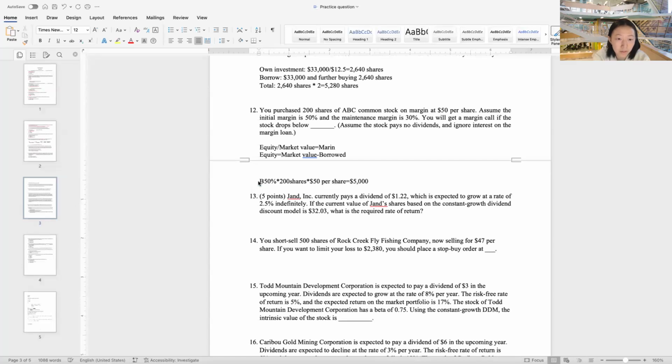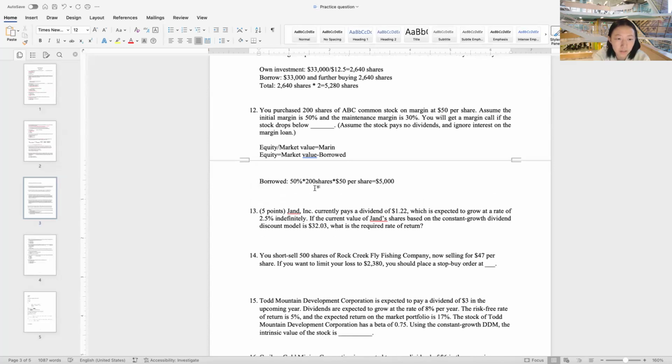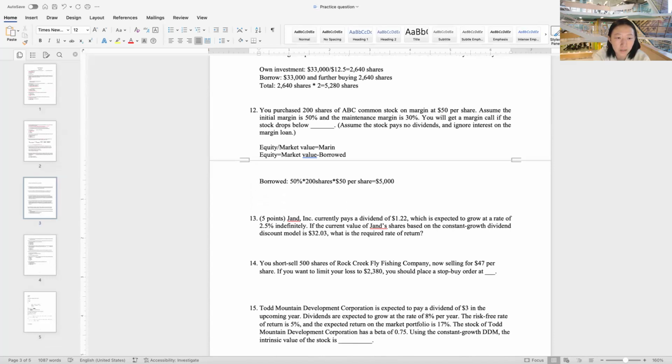This is the borrowed amount. And the market value is 200 shares times P. Okay, so that is the setup, and the margin here equals 30%.